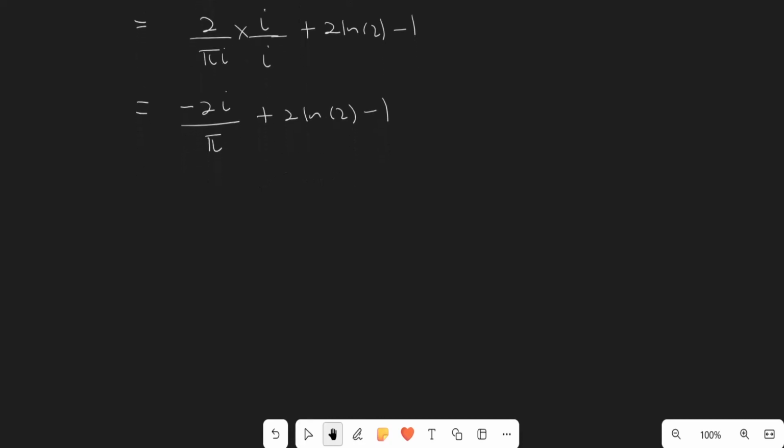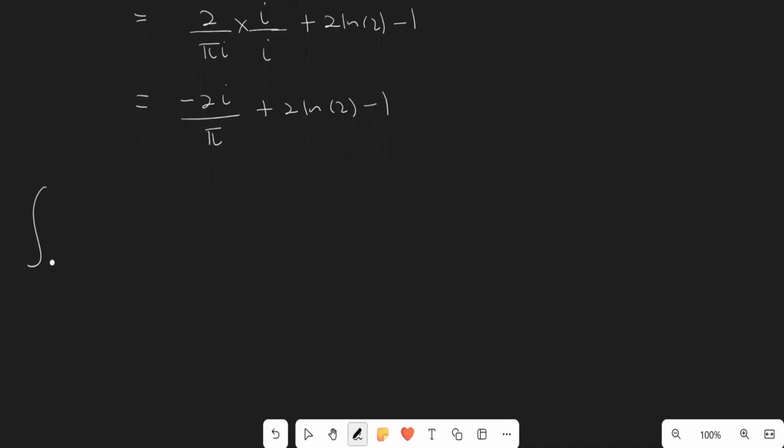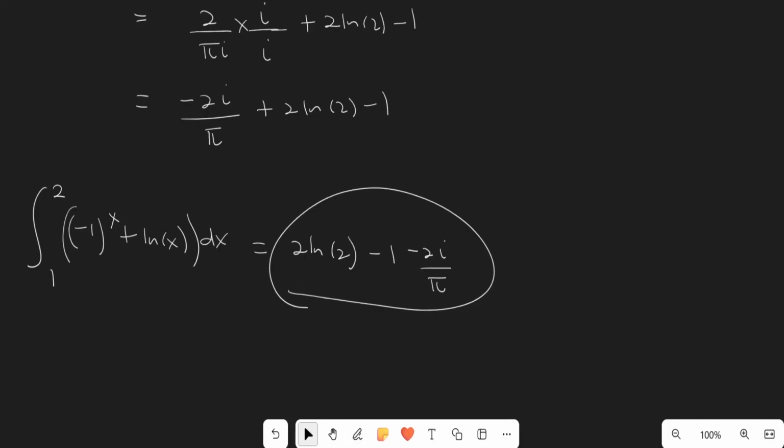So this is how our integral can be reduced. So the integral from 1 to 2 of negative 1 raised to the power x plus ln of x dx really simplifies to 2 ln of 2 minus 1 minus 2i over pi. So this is a complex number. If we integrate this integrand, that is what you are going to get.